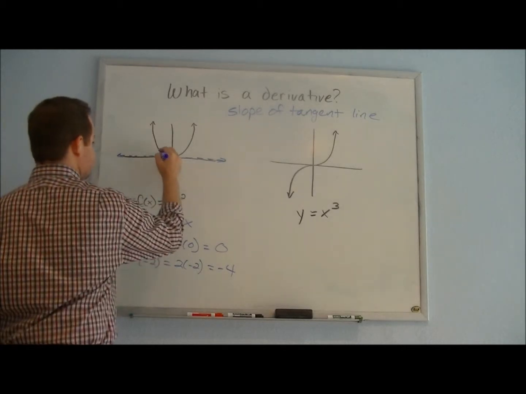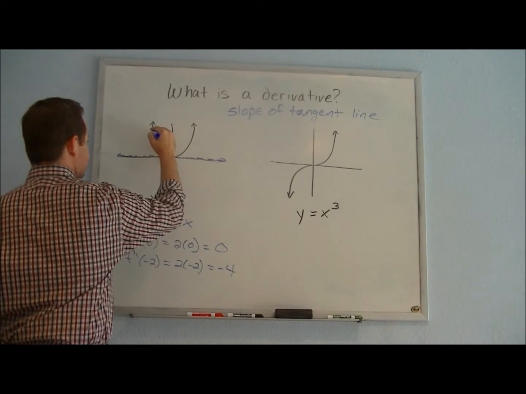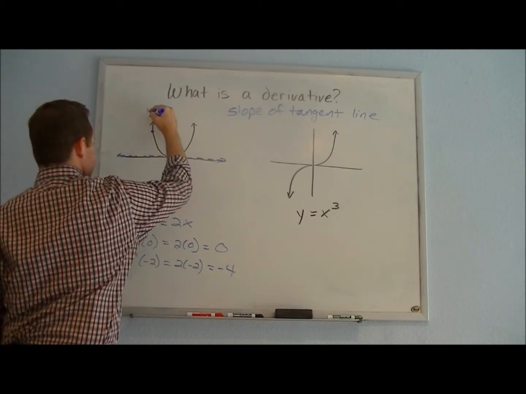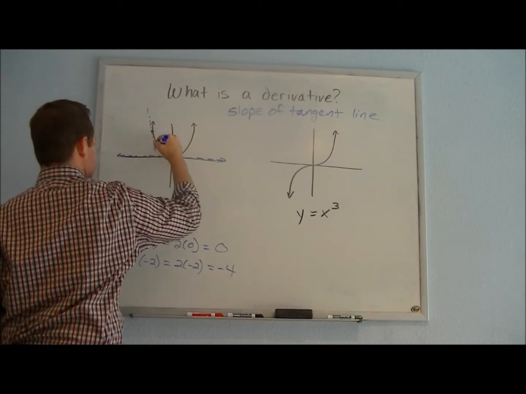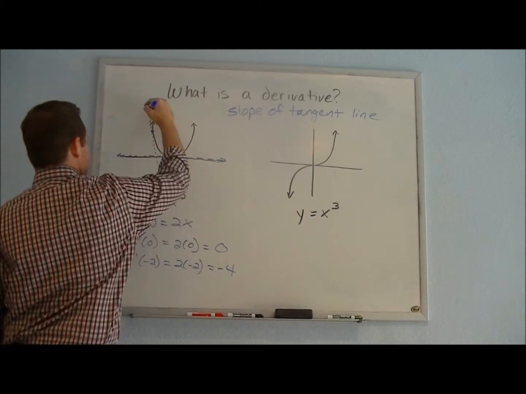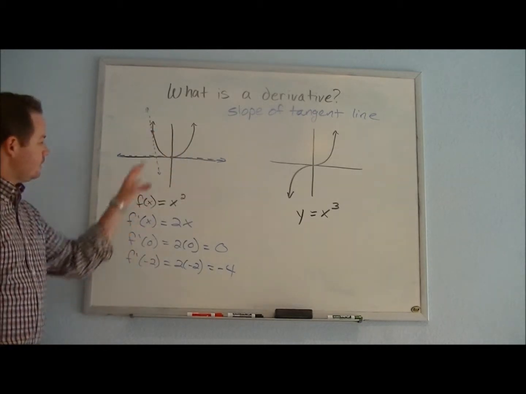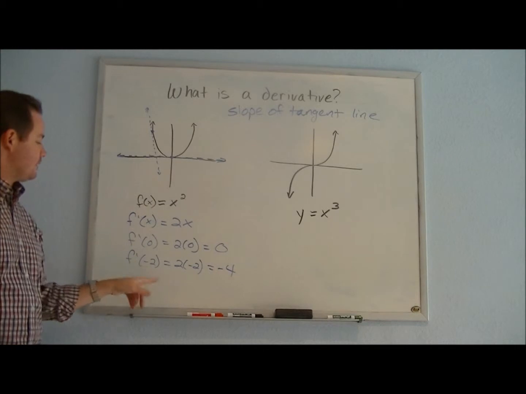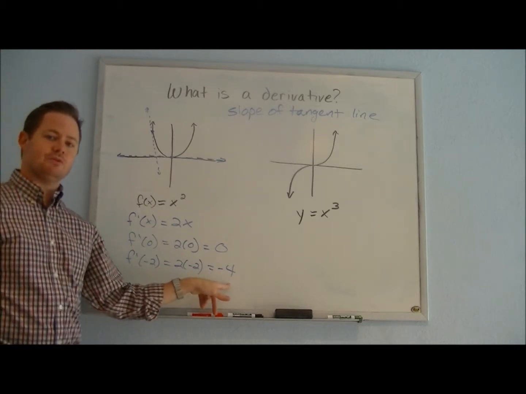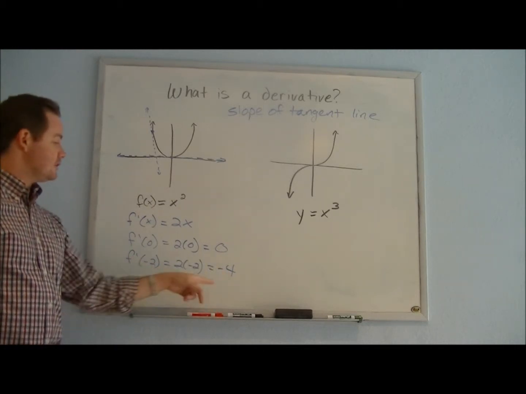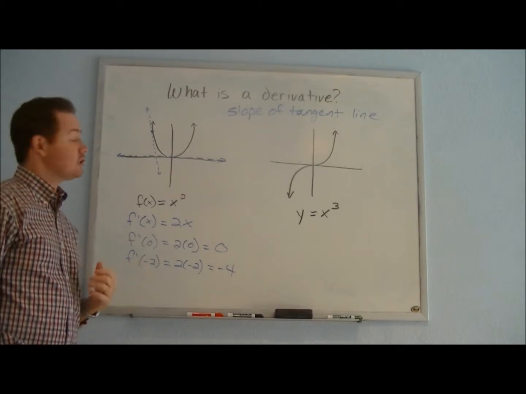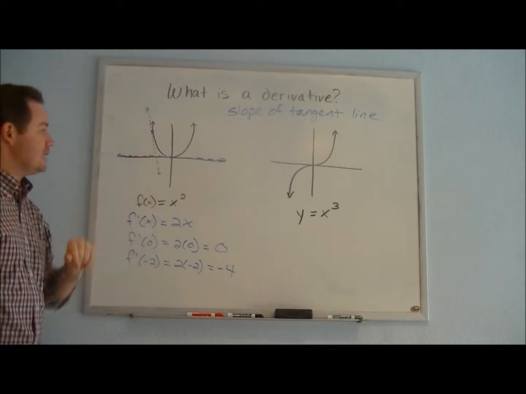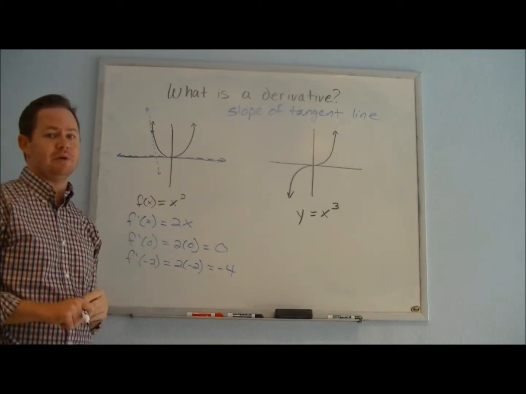And if we look at -2, our tangent line, we can see, would be a very steep negative slope. So that's what we're talking about when we talk about our derivative, and when we get those values, try not to get lost in the numbers, but keep in mind what you're actually solving for is the slope of the tangent line to your function at any given point.